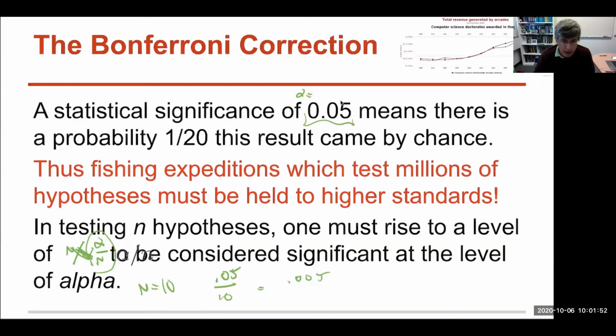So no, I'm right, that basically when you test more and more hypotheses, for me to be impressed with one of them, it has to be significant to a higher level, okay? The probability of the observation happening by chance has to be a lot lower than what I would have accepted before.